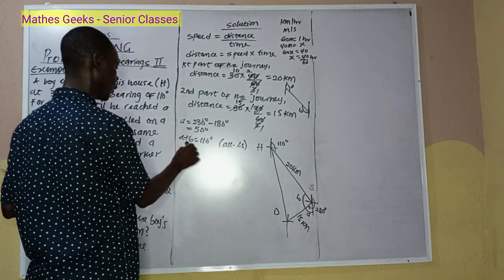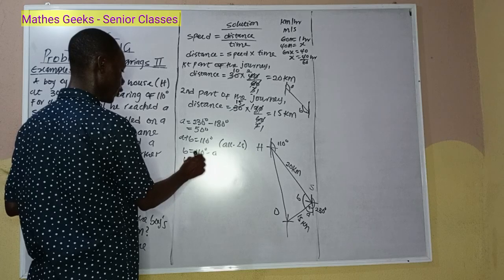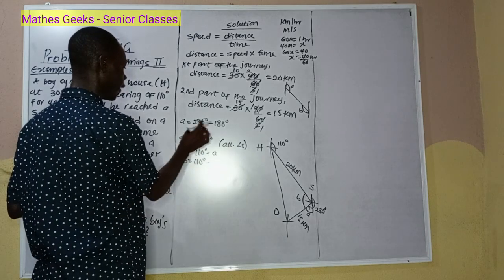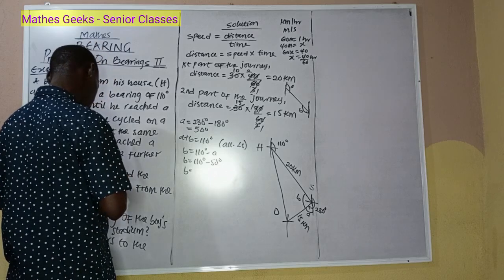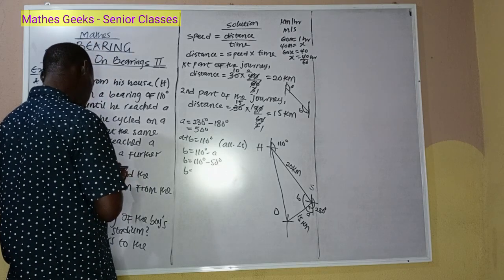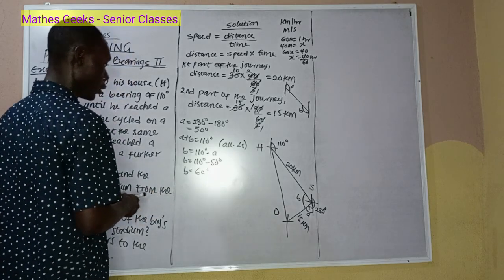So B is equal to 110 degrees minus A, which is 110 minus 50, that's 60 degrees.